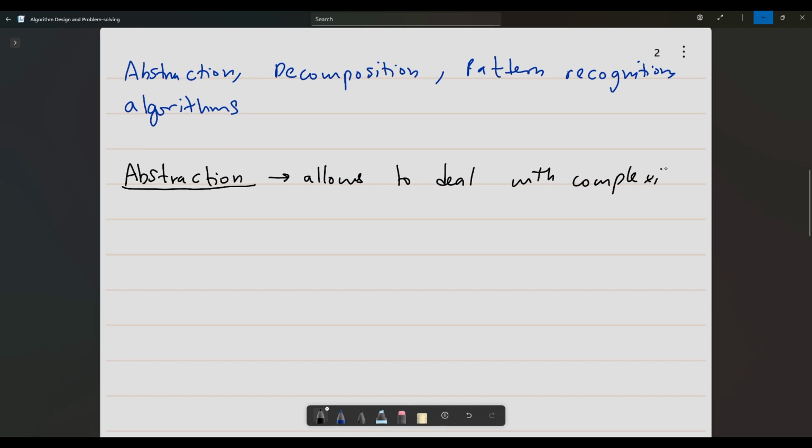When we receive or identify a problem, the first thing we want to do is break down what's important to solve the problem. We need to find out what's the cause of this problem. That's what abstraction is: the process of extracting information which is essential to solve the problem.